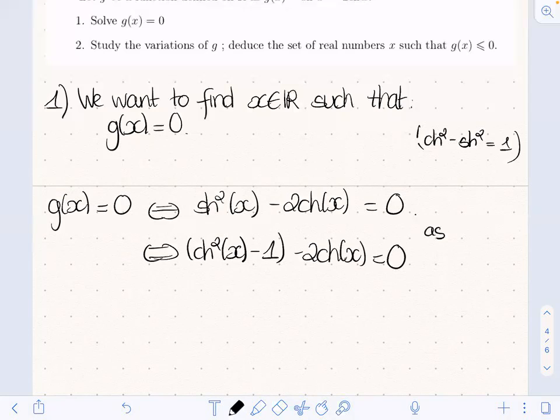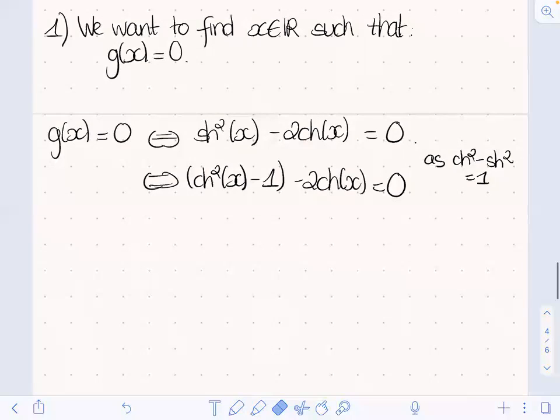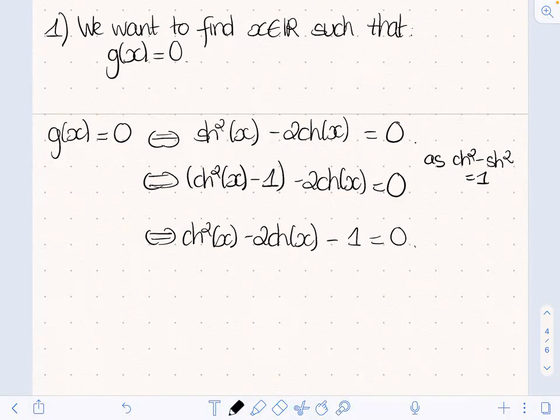You can put the thing that I've written above down here instead. That's a really good thing to do. If I just reorder the terms, you end up with this equation: CH squared minus 2CH minus 1 equal to 0.